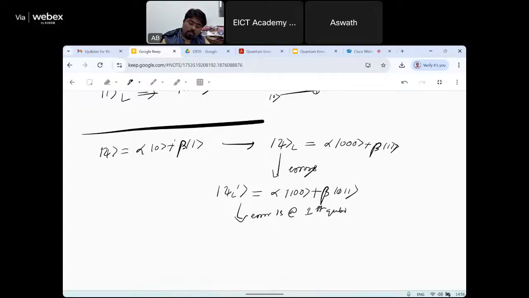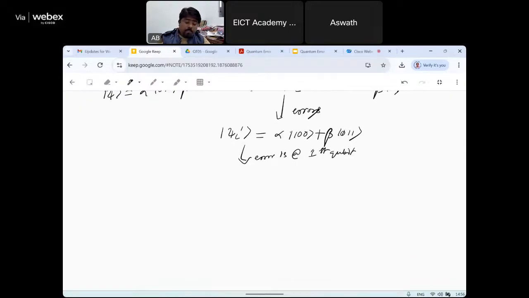Okay, fine. I want to put that qubit back into play. I don't want to disregard that qubit. In quantum computing, we are dealing atom by atom, qubit by qubit. Even one single qubit is a valid thing.